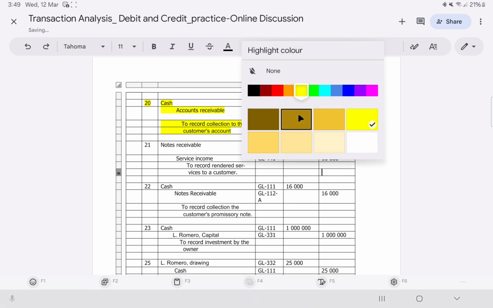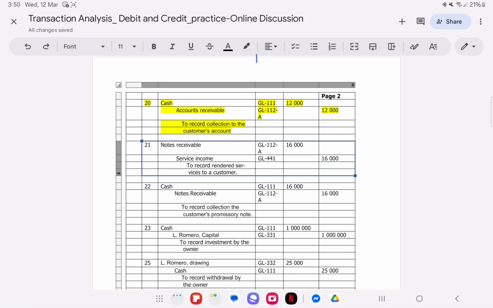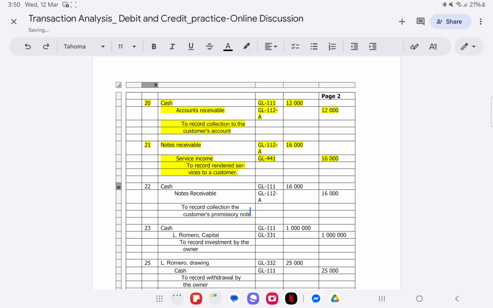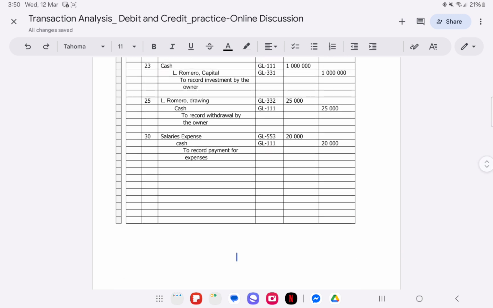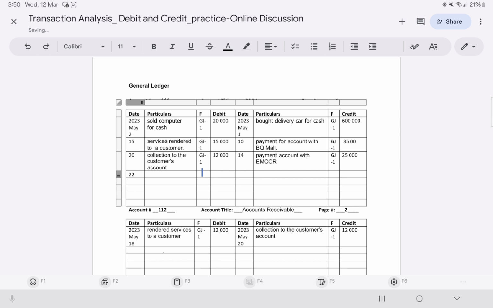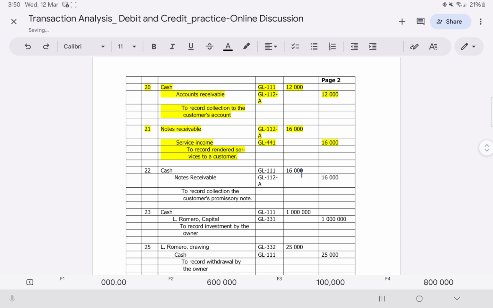Okay, on May 22, debit cash 16,000. JG2, 16,000. Let's check. May 22, 16,000.